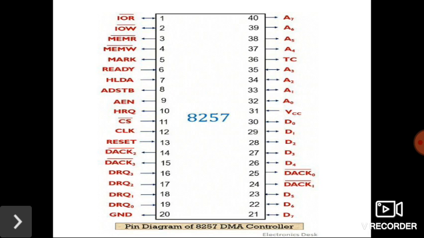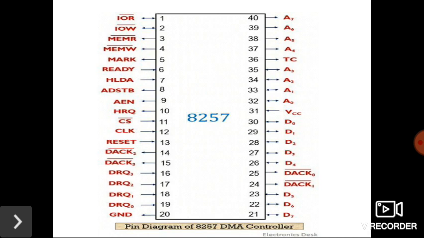Next is DACK0 to DACK3. These are the DMA acknowledge output lines, which send an acknowledge signal through any one of these lines to the input-output peripheral devices. When this signal is active low, the line acknowledges the input-output device. Then the next pins are A0 to A3, the least significant address lines.